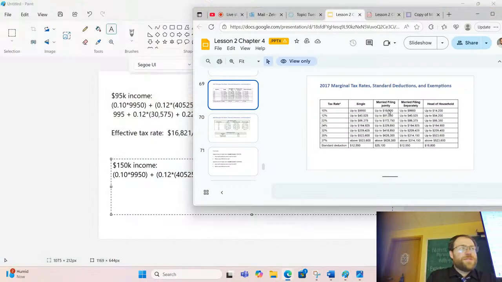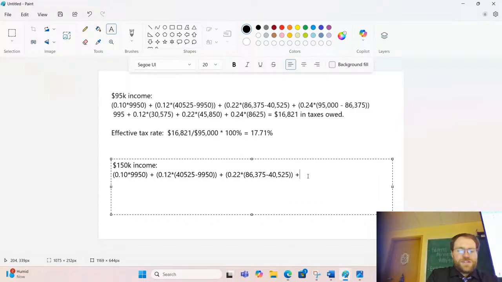Now 150,000, are we still going to be in that same bracket of 24%? Yes, because it goes up to 164,925. So the only thing that's going to change here, where we had 95,000 before, is that it becomes 150,000 now.